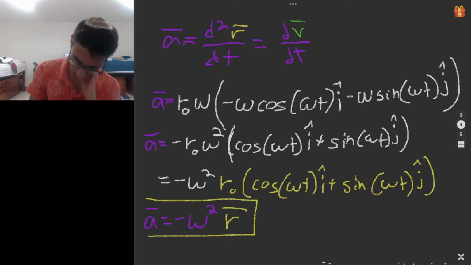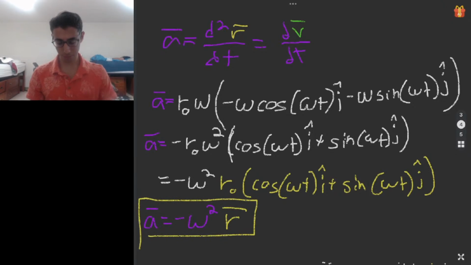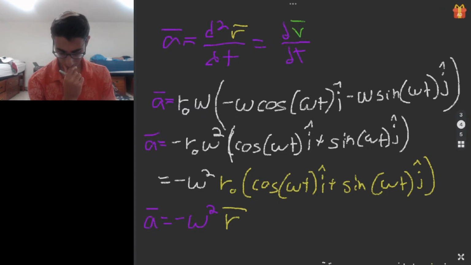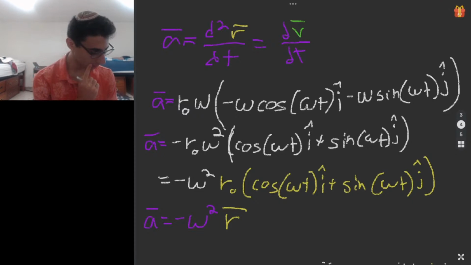That is crazy. So it's proportional to our position, which is shocking, and it's proportional to omega, which is more understandable, but yeah, pretty crazy, no? I think that's pretty crazy. So, yeah, that's pretty insane, I think.